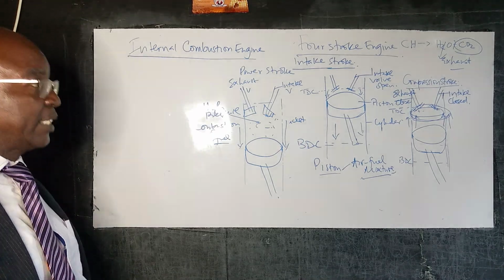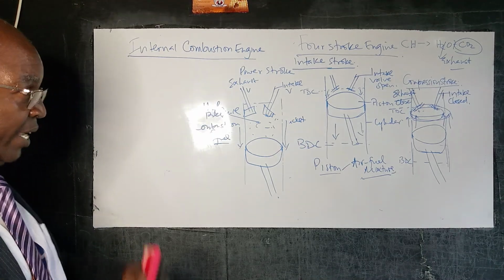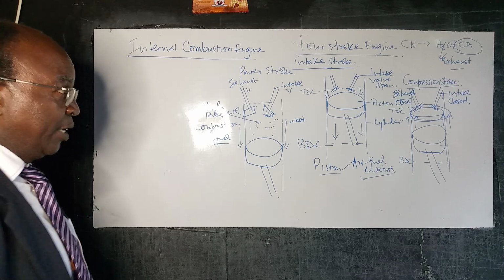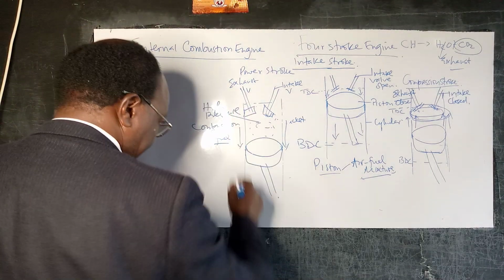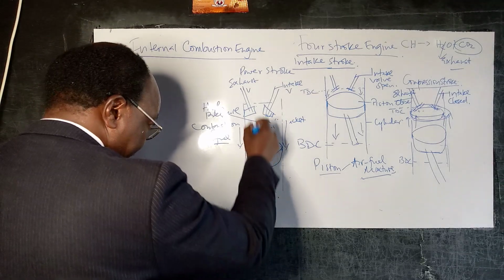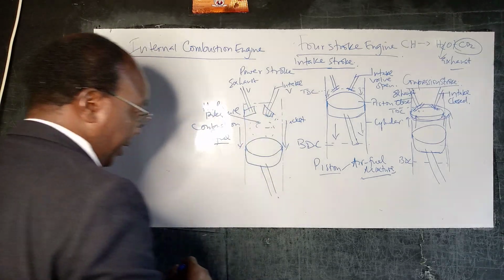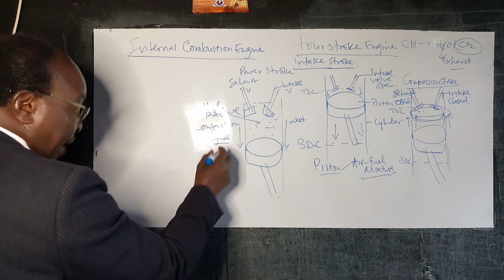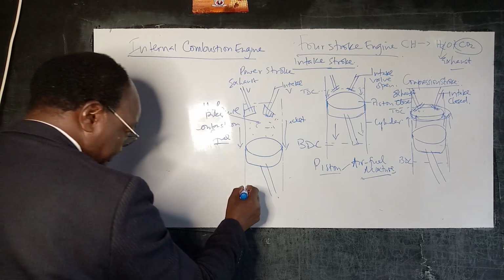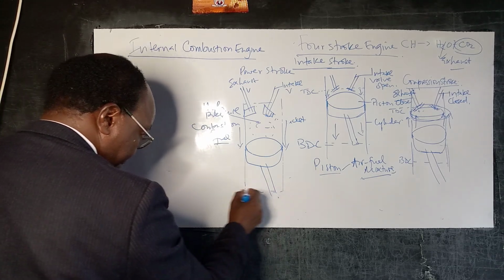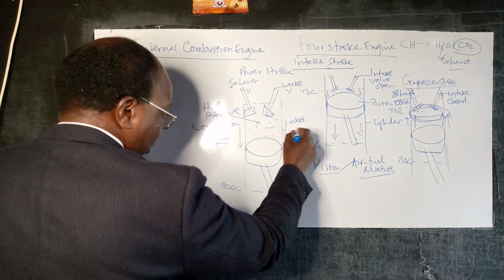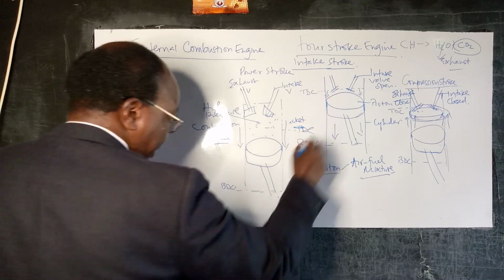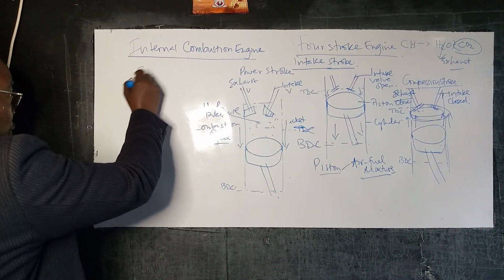If you have a hydrocarbon, then when it's totally oxidized, you should get water and carbon dioxide as byproducts. And then it moves downward. When it reaches the bottom, the BDC, now we have the exhaust stroke.